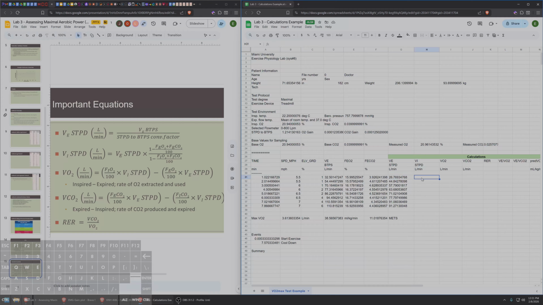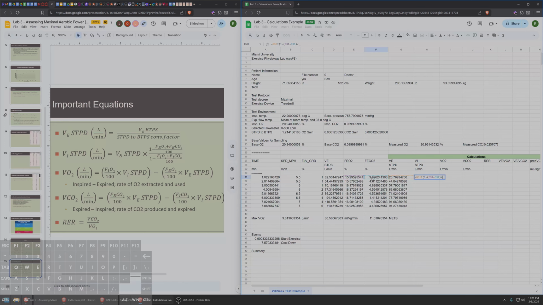Now VI. VI is sort of the one that's a little funky here. It's a lot of steps, so we're taking one step at a time. We'll use that VE, standard temperature pressure dry. We'll multiply that by, we're going to start with 1 parenthesis, 1 minus, start a new parenthesis. We'll do FeO2 plus FeCO2.